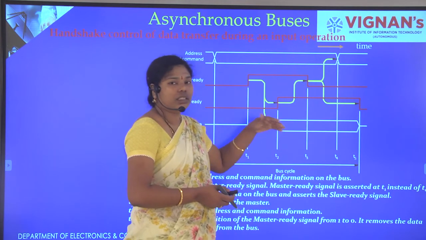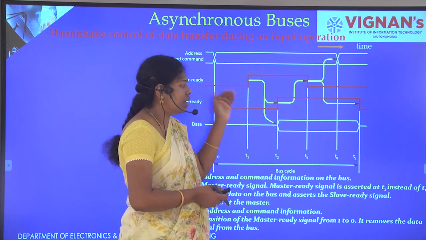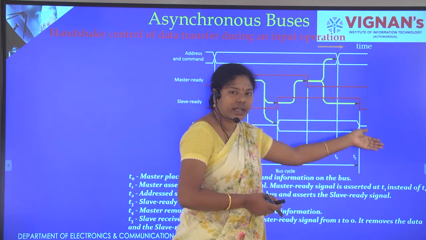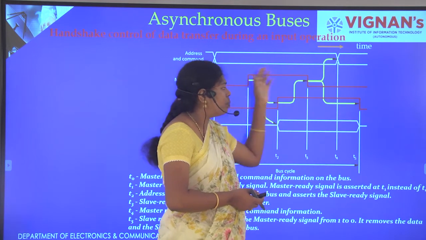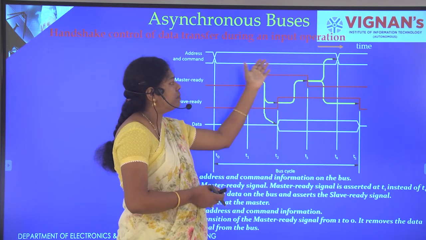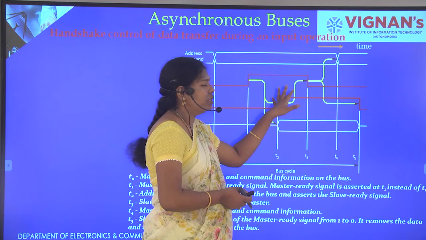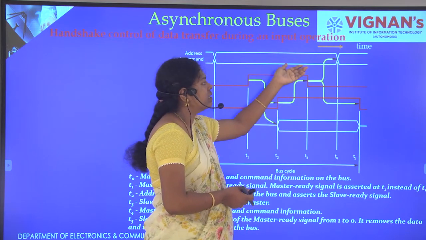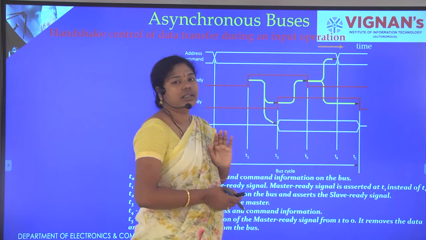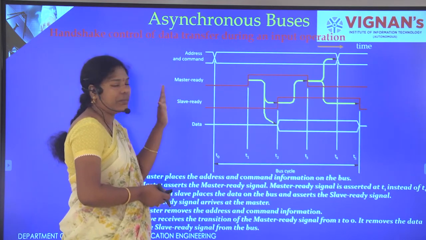Its operation is completed, so it removes the ready signal. At the same time, it removes the data on the data bus. Next, in the next clock cycle, the operation is completed, so the master removes the address and command on the address and command bus.